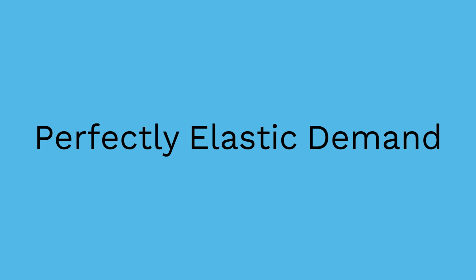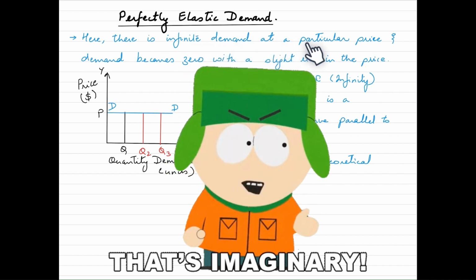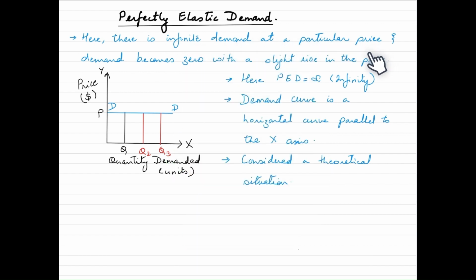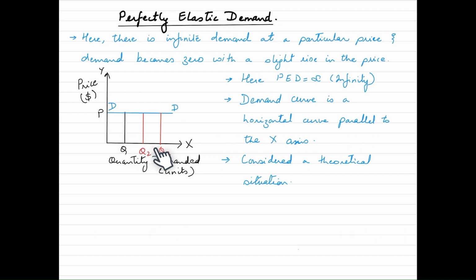So the next is perfectly elastic demand. What we can observe here is it's a theoretical situation. We generally do not see it in our regular lives. What happens here is there's an infinite demand at a particular price. So at price P, my demand curve here is a horizontal curve parallel to the X axis, indicating the demand which is infinite.